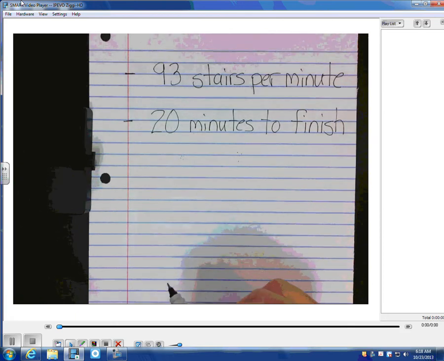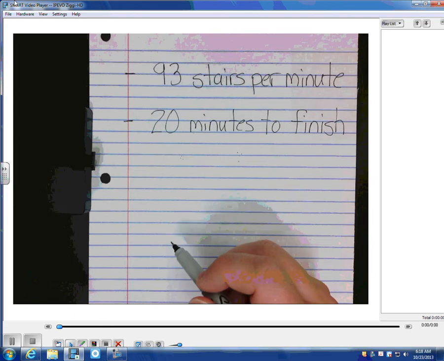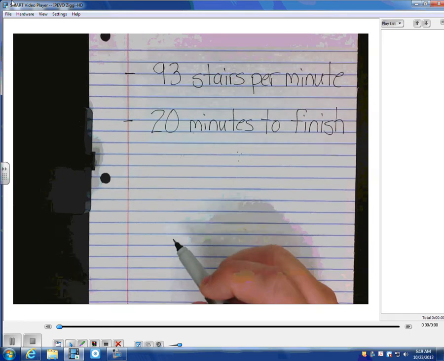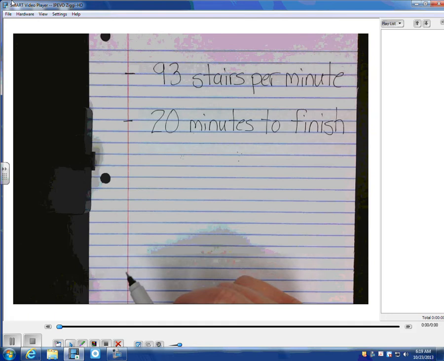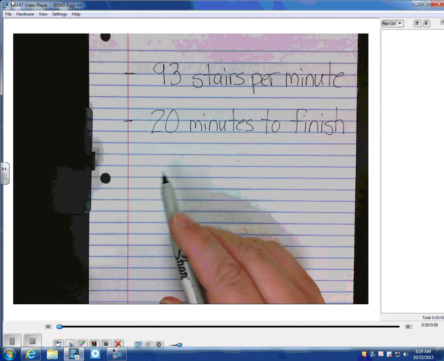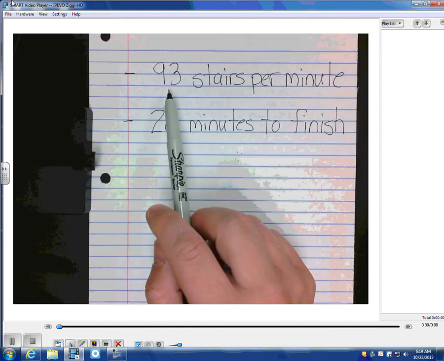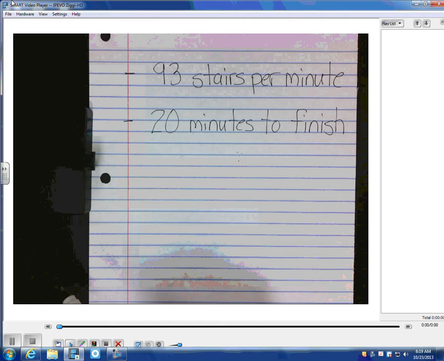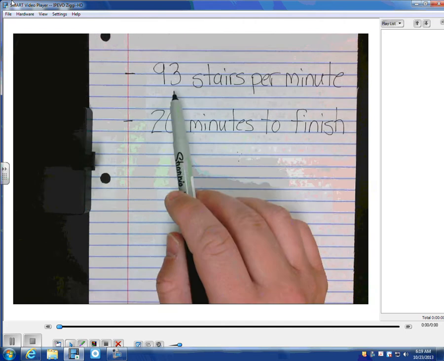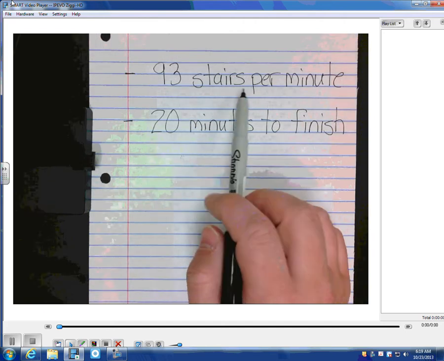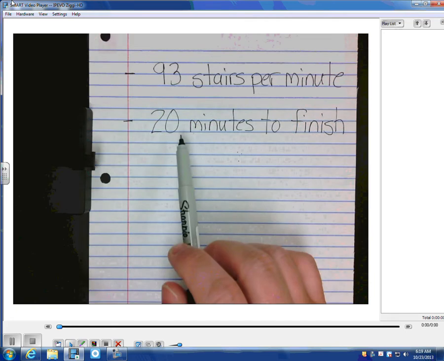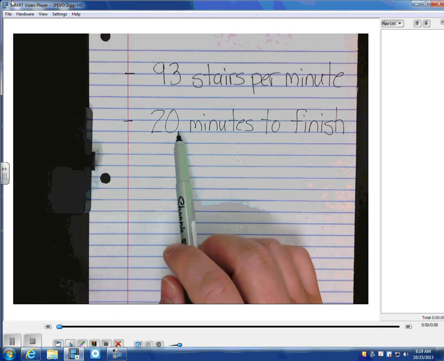All right, so that's what you need to determine. I'm not going to give you the operation on this one. Again, see what you can do. We've had these over and over, but ask yourself, what would make sense? If you get an answer that's smaller than 93, you know you've obviously done something wrong, because she can go 93 stairs every minute, and it took her 20 minutes to get to the top.